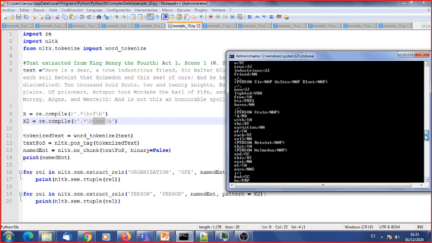In this case, this is instead of the user interface view like I did before with the POS tagging. This is the POS tagging, and this is the POS tagging plus the named entity recognizer.